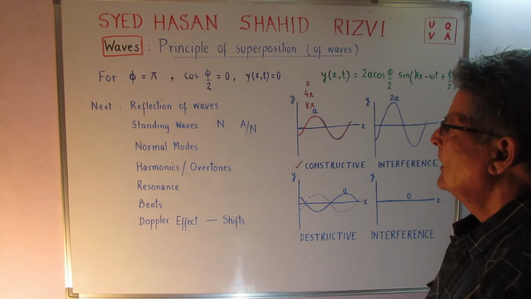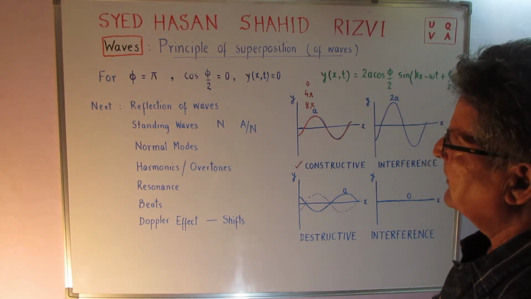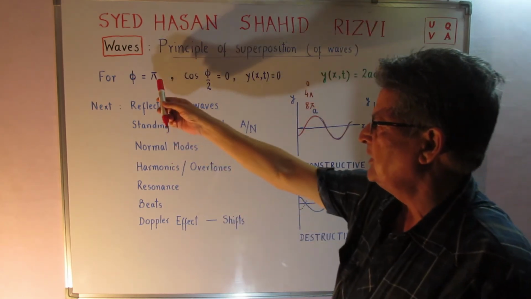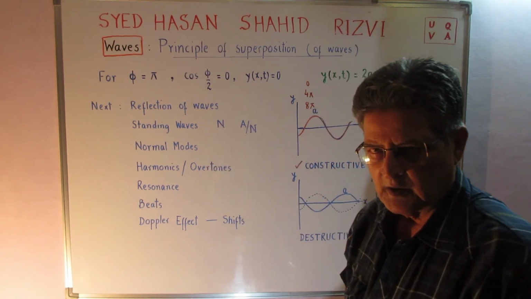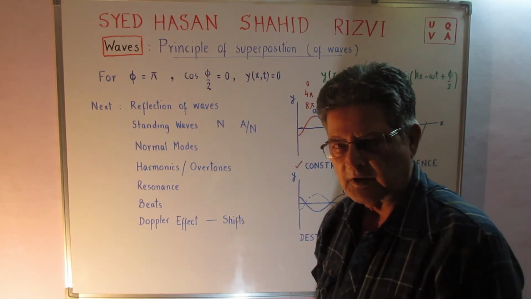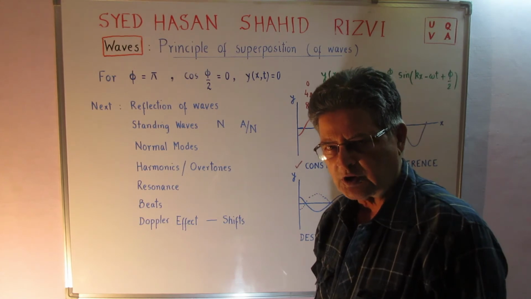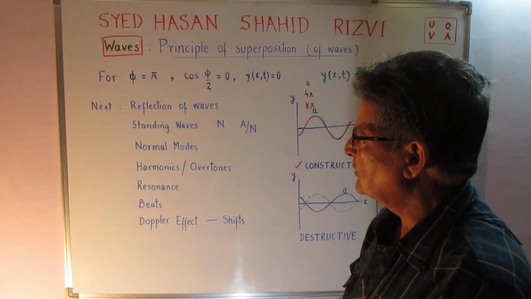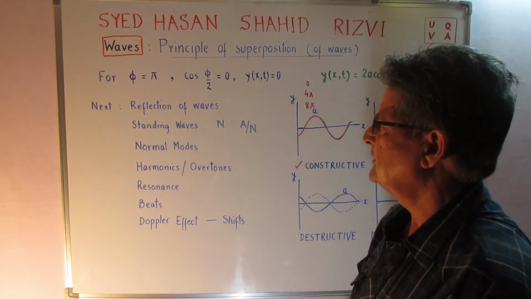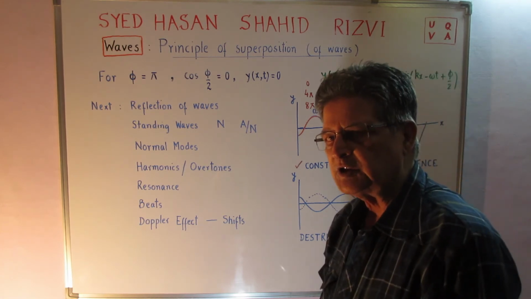Now, if I take phi equal to pi, that means the two waves y1 and y2 are in complete opposition to each other, which is also said as being out of phase with each other.